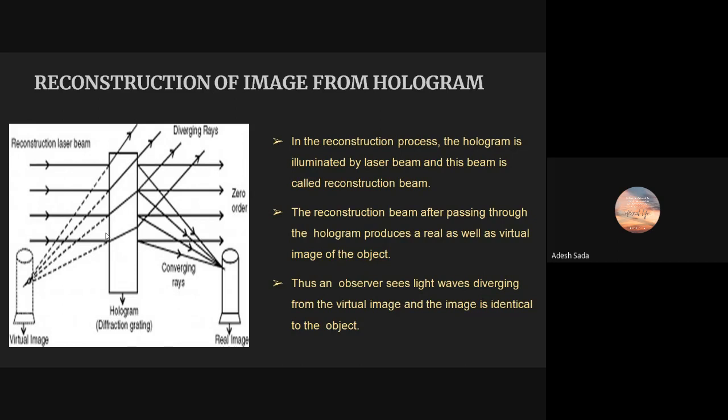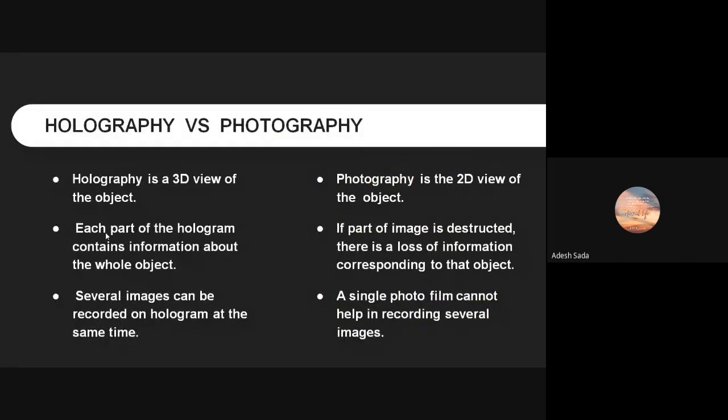Now, here is a brief comparison between holography and photography. As I have told before, holography gives the 3D view of the object, but photography is only the two-dimensional view.